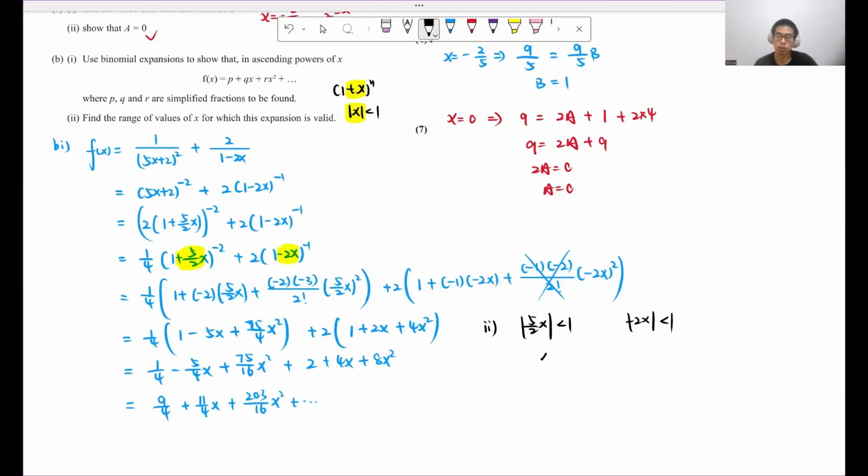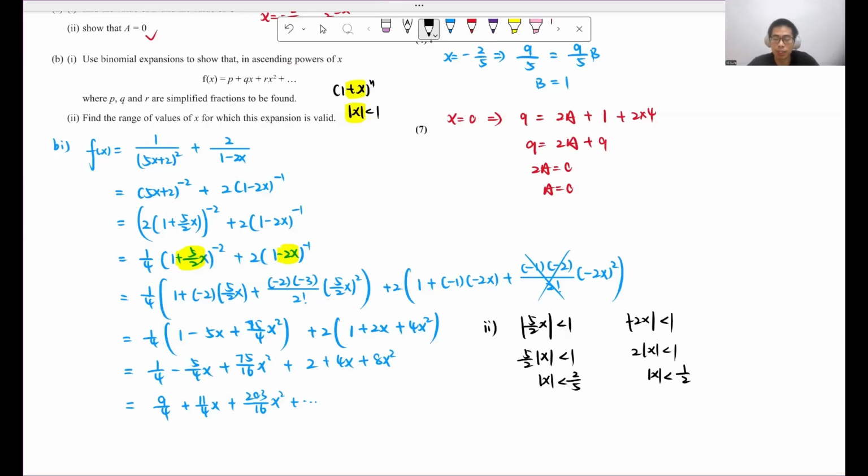So for this one, we have 5/2 times modulus x less than 1, so modulus x is less than 2/5. And for the other one, it becomes 2 modulus x less than 1, so modulus x is less than 1/2. So we're looking for values which satisfy all of them, not one that only works for one but doesn't work for the other.